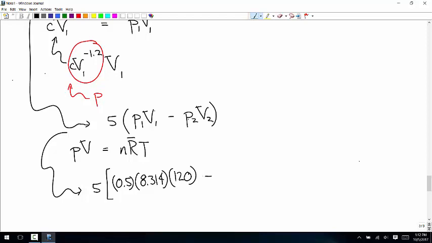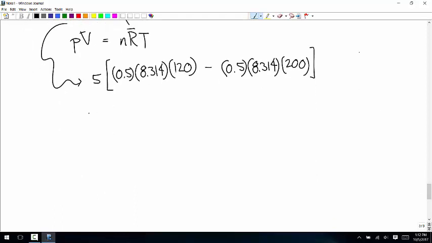And then P2V2 is equal to 0.5 times 8.314 times 200. And if you calculate that, you get negative 1,662.8 joules.